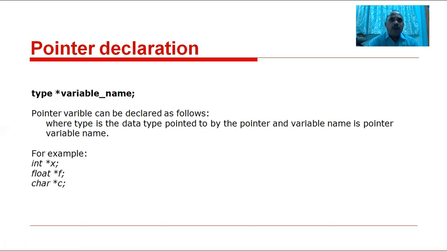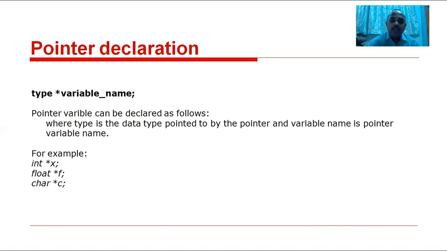Clear? When a pointer is dereferenced, the indirection operator indicates the value at the memory location stored in the pointer. Simply, asterisk x represents the value at the memory address location.